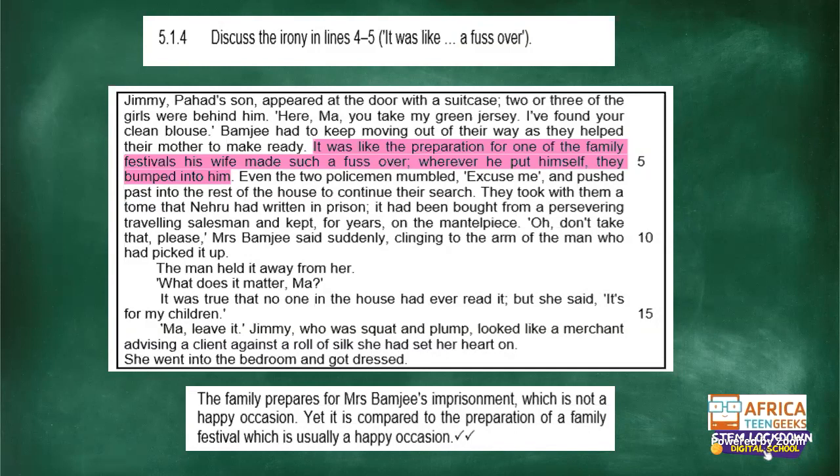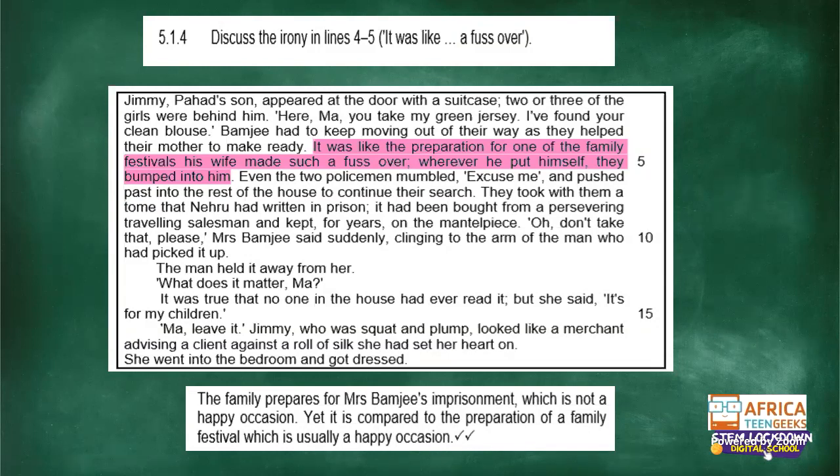So it is compared to the preparation of a family festival, which is usually a happy occasion. So basically what we can take from here is that because she was leaving, there was just so much chaos happening, people getting dressed, and policemen being there as well.